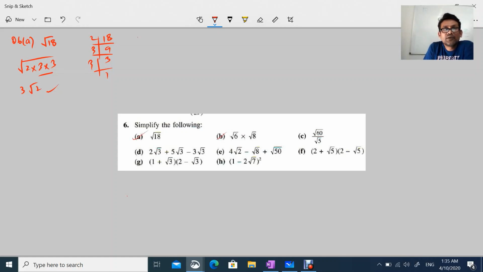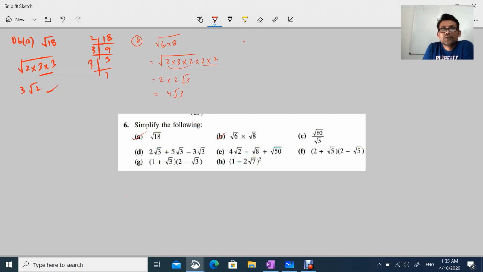In part B, what can we do? We can write 6 into 8 together in one root, and then we can write 2 into 3 into, now this 8 will be 2 into 2 into 2, one pair, second pair. This 2 into 2 is outside, under root 3, and the answer comes to 4 under root 3. This is not a big issue.